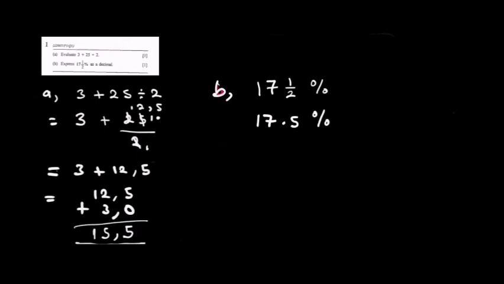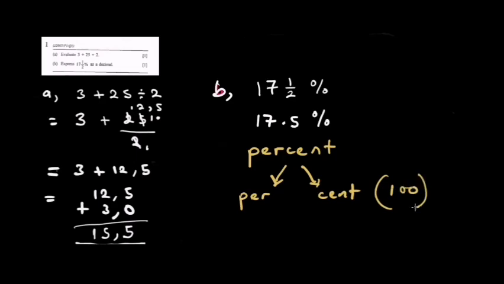We should understand what percent means. Actually, we can deconstruct the word percent. This is made up of two words, per and then cent. We know that the word cent is associated with the number 100. We also know that the word per means divided by.